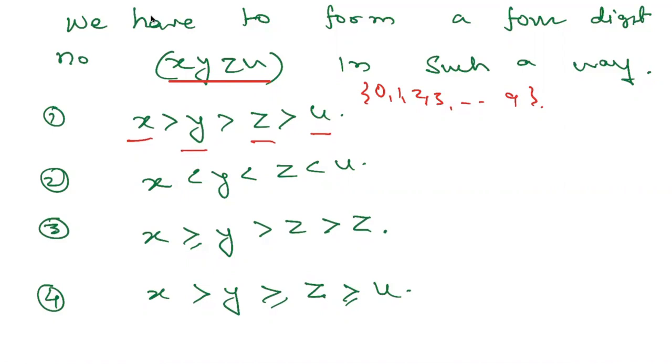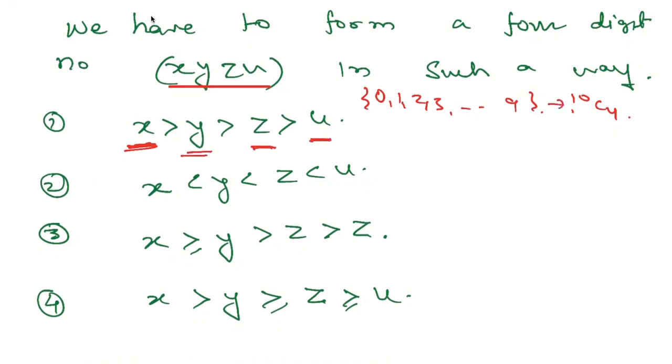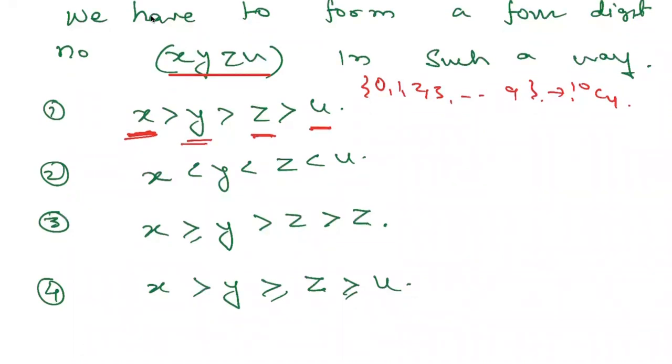In how many ways can we select? 10C4. If I'm selecting any 4, the greatest one will go to X, then to Y, then to Z, then to U. So the arrangement will be 10C4. So try to solve second, third, and fourth for the same.